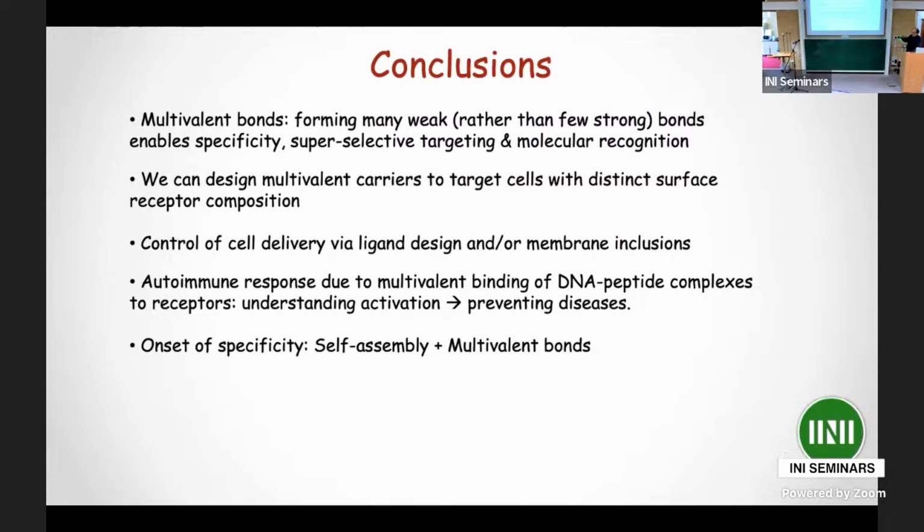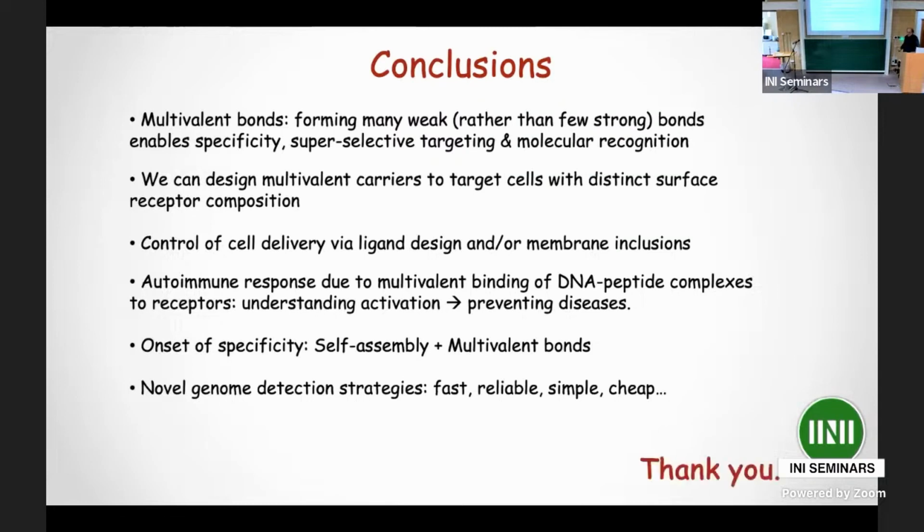There are no specific fundamental interactions. Electrostatic is not specific, but because of either geometry or entropy, the higher order interactions can become specific, and the onset of specificity is, I think, explained by multivalent interactions. And I talked about novel genome detection strategies. But thank you very much.